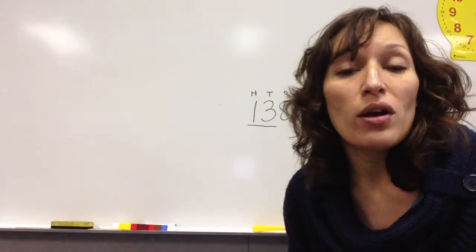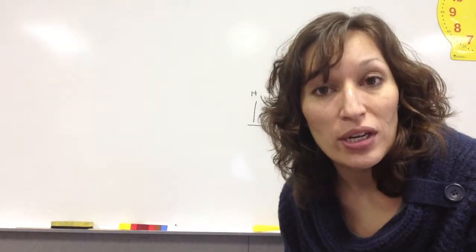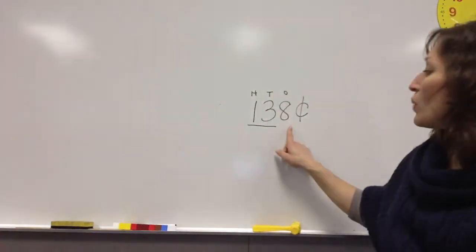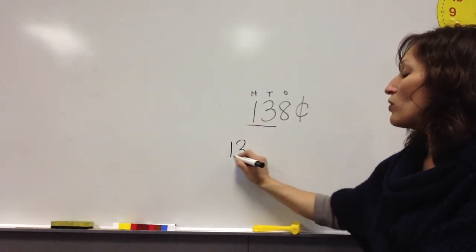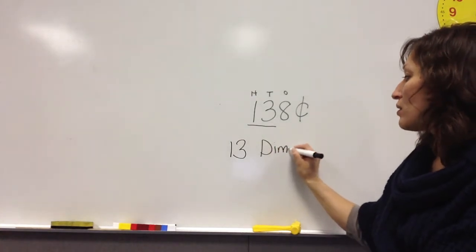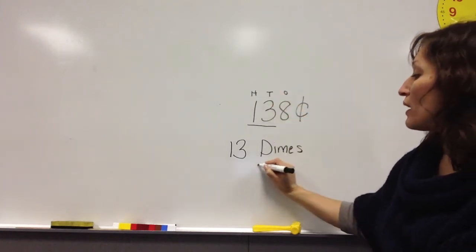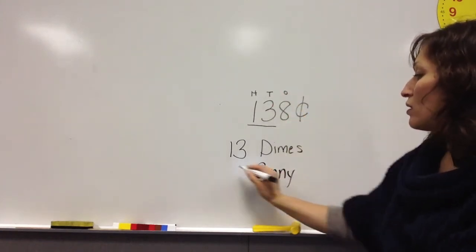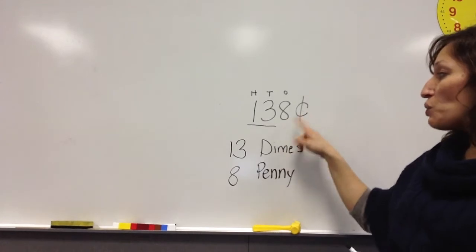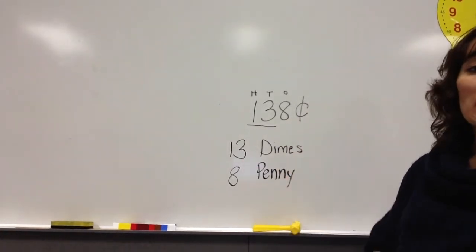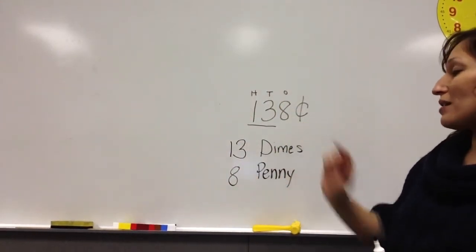Now if we wanted to equate this to money, we know that this number can be made of 13 tens, so 13 dimes, and 8 pennies, because a penny is a 1 in money. So we actually can take this many cents and break it into dimes and pennies if we wanted this whole value to be represented with coins to be cents.